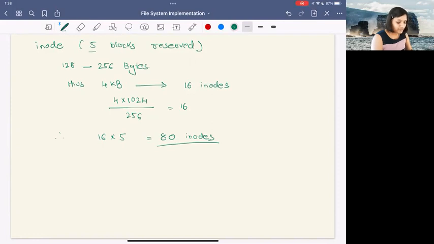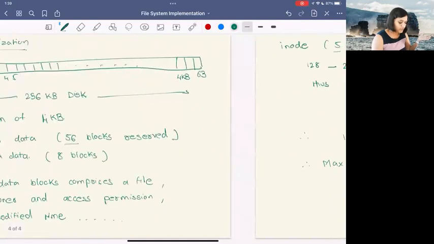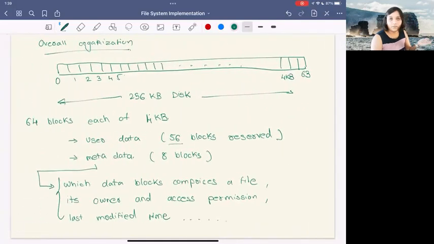So if we have 80 inodes, that means we can store a maximum of 80 files. Now that we know our disk is just 256 kilobytes, being able to store 80 files on a 256 kilobyte disk is pretty decent, not bad.